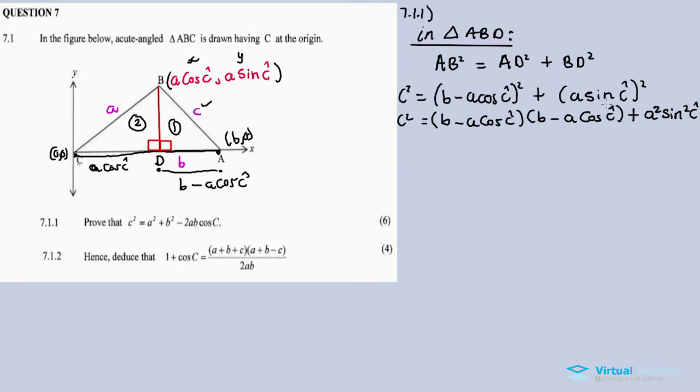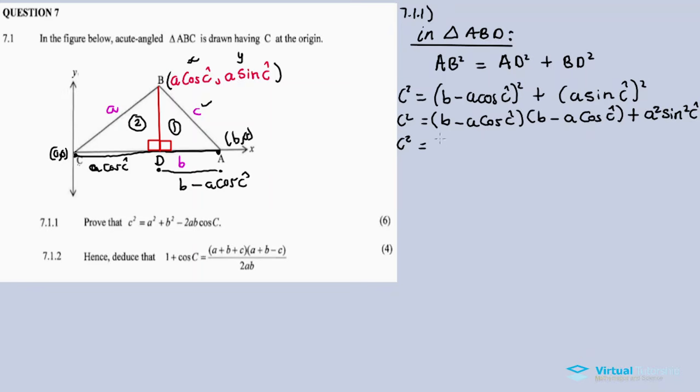Inside this bracket we have one term, so I can simply apply the exponent law and distribute the 2 inside. So here it will be A squared sine squared angle C. Then these brackets, we multiply them, and the result will be C squared.